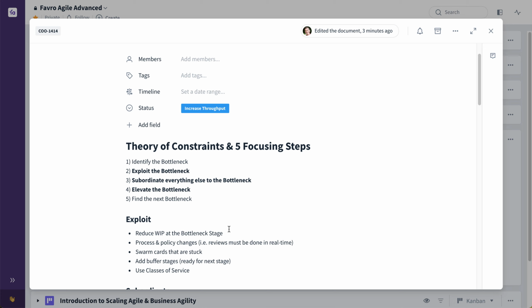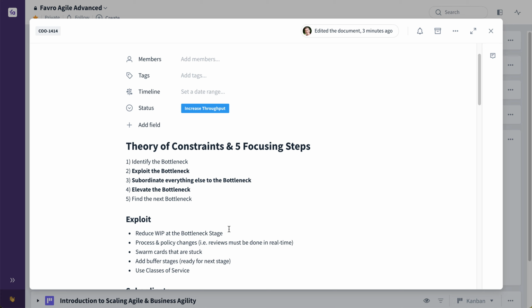The next thing would be to maybe change the process or the policy at that particular stage. Say the bottleneck is the review stage and cards are piling up at the review stage, for example, and it's taking way too long. The cycle time at that stage is far too long.